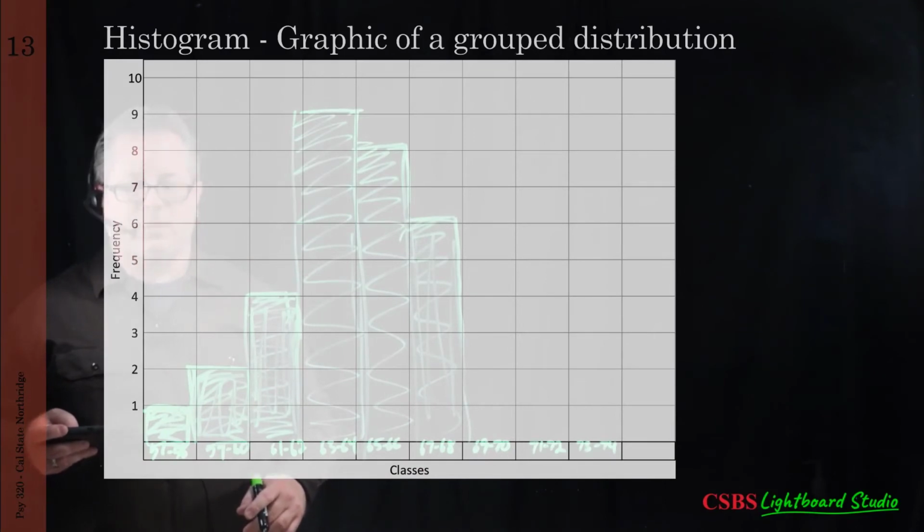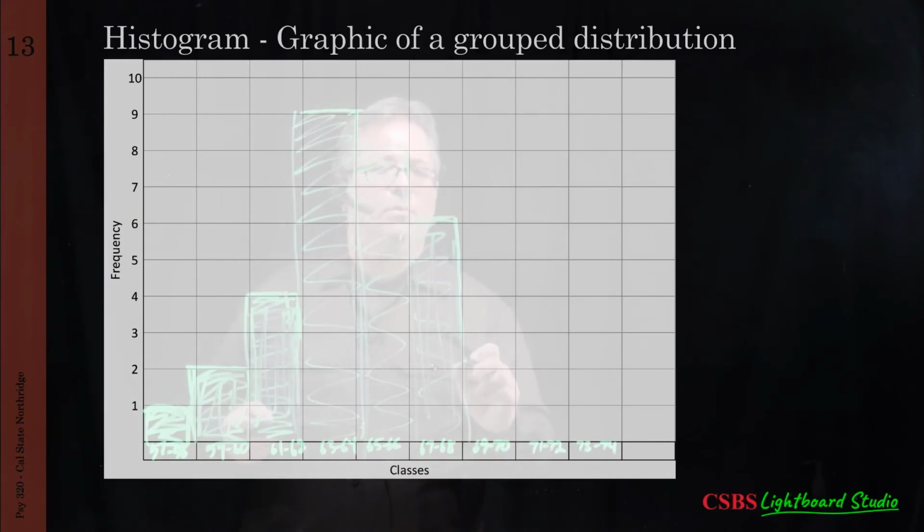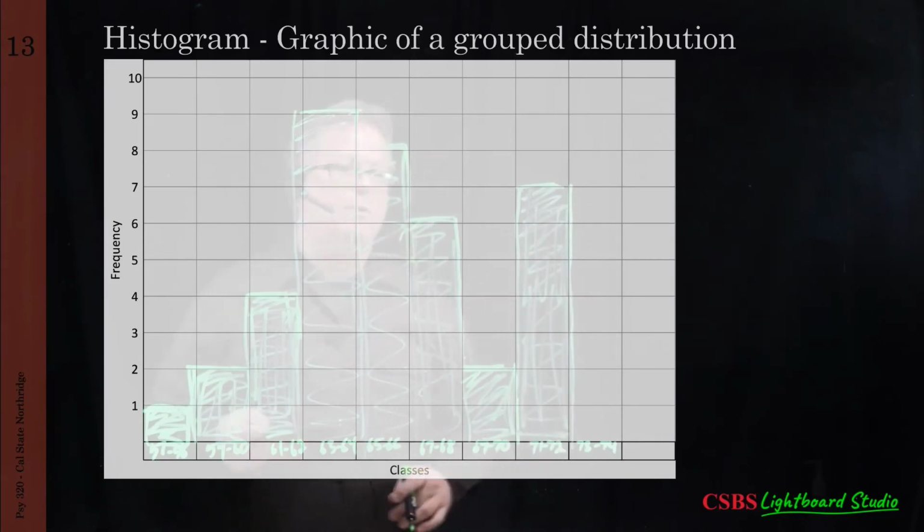Okay. Next one had 2. Next one had 7. Which is up here. Okay. And the last one had 4.